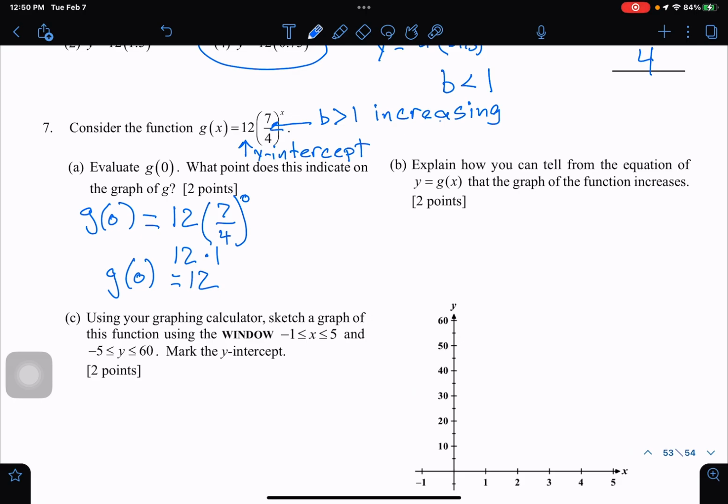Okay, now it says to explain how you can tell the graph of the function increases. Well, it increases because 7 over 4 is greater than 1.